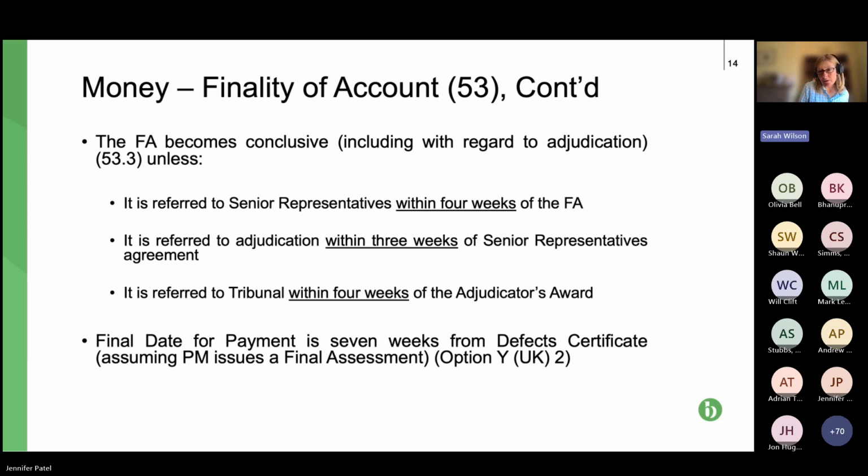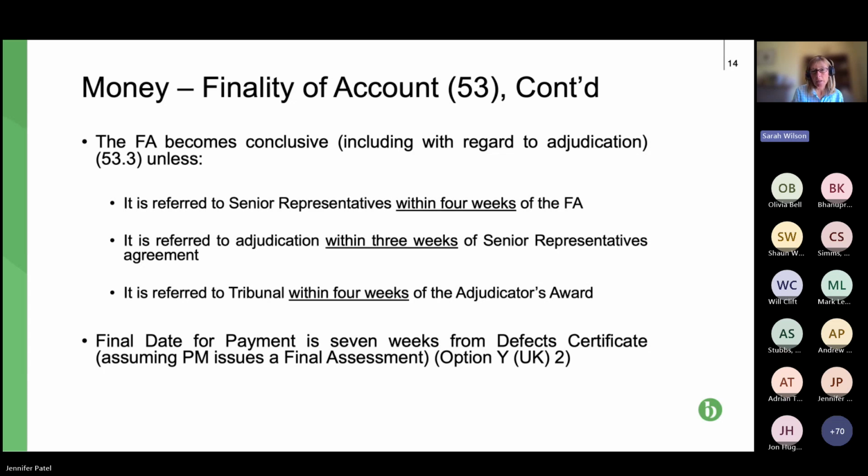So from a subcontractor perspective, I'm thinking, I don't know, they get their defects certificate and think, great, all the defects have been resolved. They get the final assessment and think, okay, my final tranche of retention is coming, happy days. And they don't think, but I don't agree with some of this final assessment.